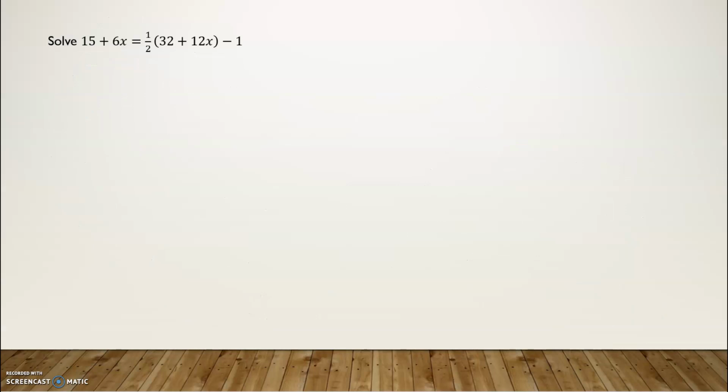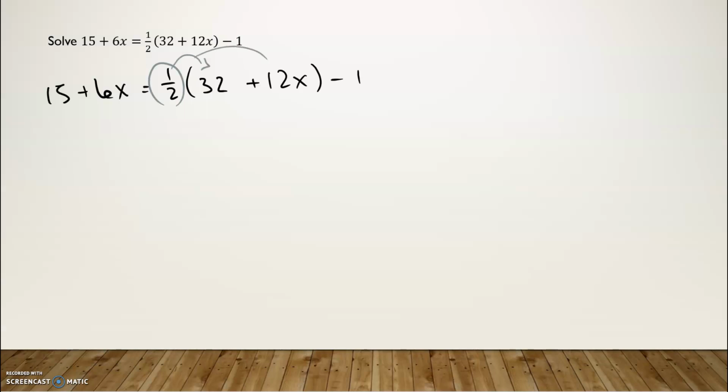Okay, let's look at this one. 15 plus 6x is equal to 1/2 times the quantity 32 plus 12x, minus 1. Now the first thing I'm going to do here is distribute this 1/2 to the 32 and to the 12x.